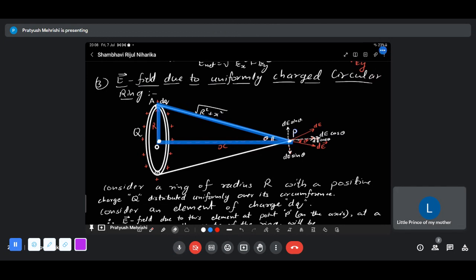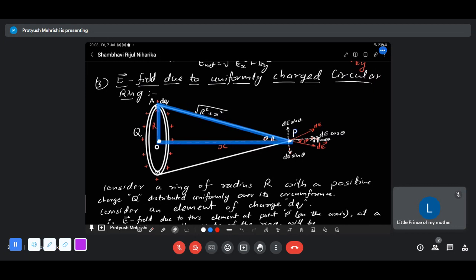So, electric field due to a uniformly charged circular ring. How to calculate it? In a circular ring, the radius is always constant. Let us assume that this ring has a charge Q which is distributed uniformly on the circumference.